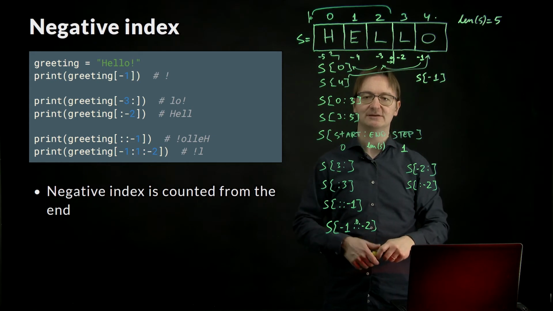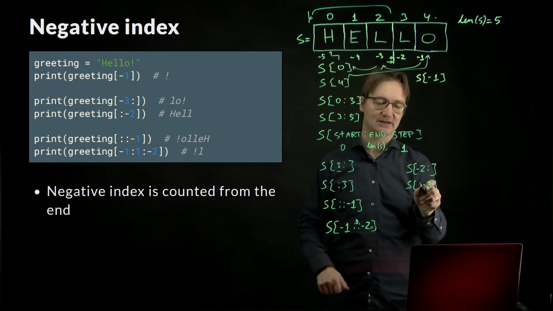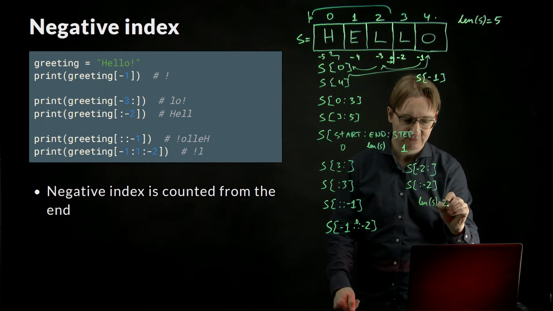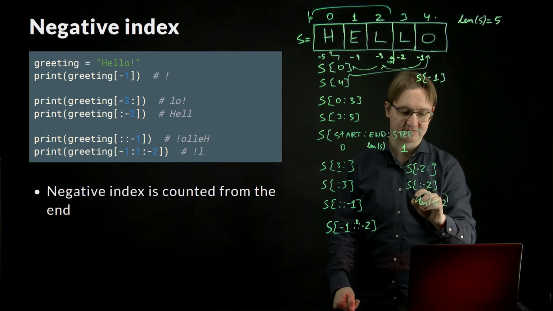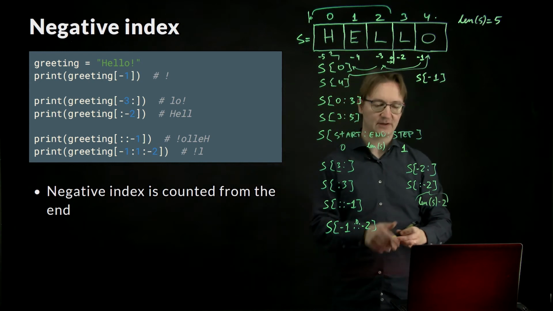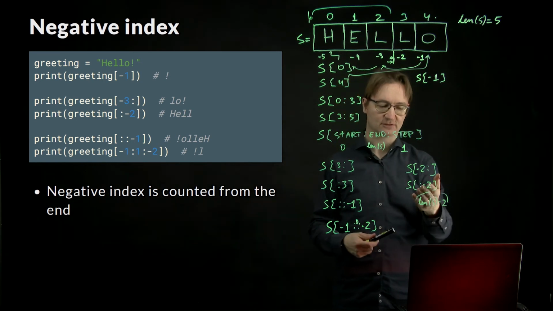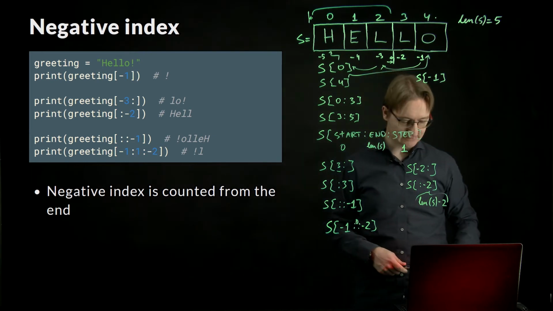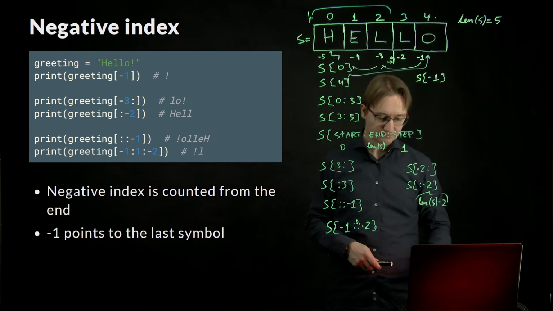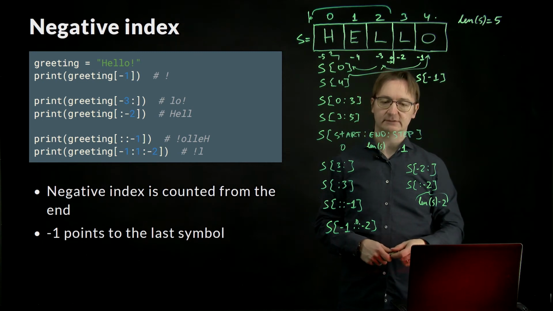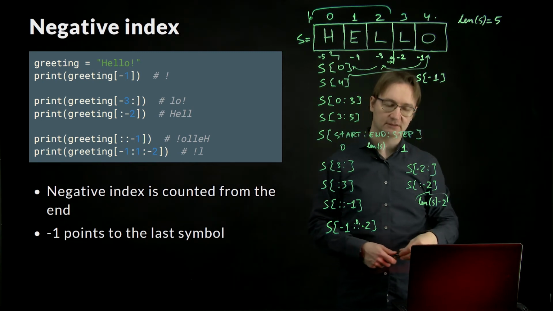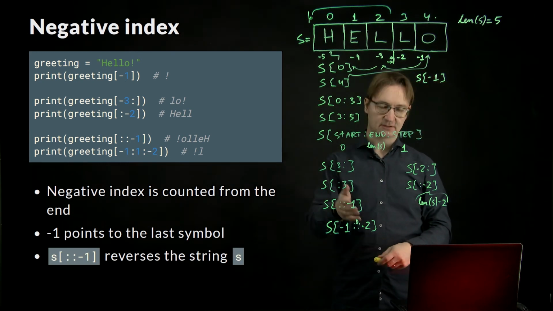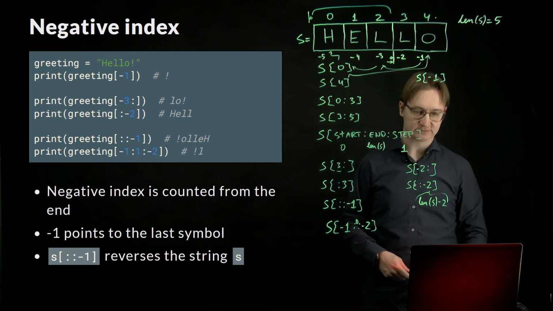So in that case, you have to write, for example, here always length of s - 2. So basically that's the same. But in Python, you can use the shorter version of this, so you can only use negative indices. And to get the last element, you can use just -1. And to reverse the string, this was pointed out here also.